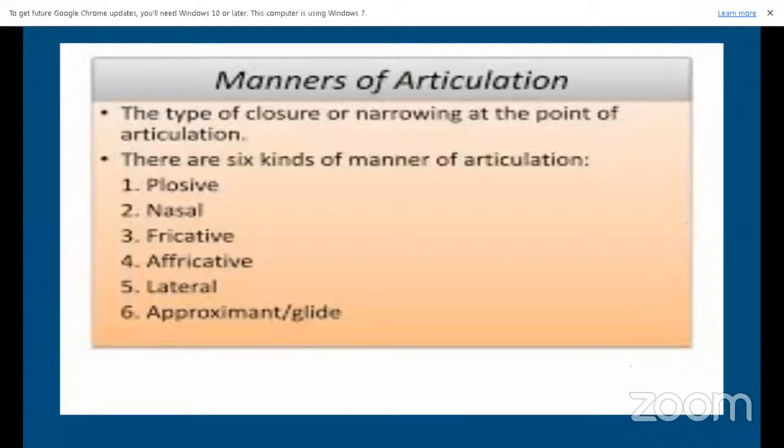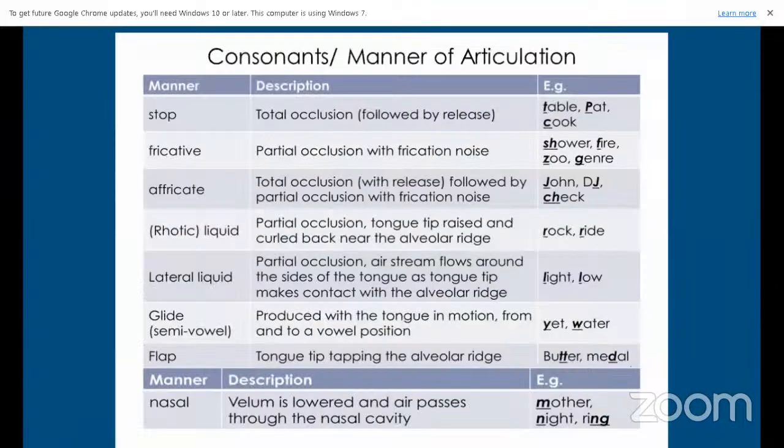Affricates. The consonant sounds. Which are the ones which are called affricates? Cha. Okay, I'll show you. The affricates are cha and ja.